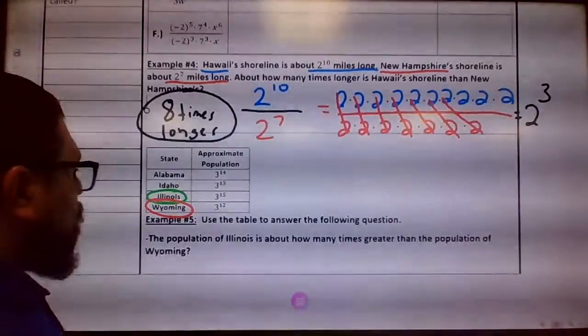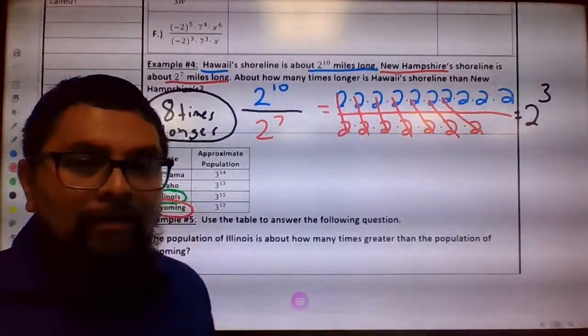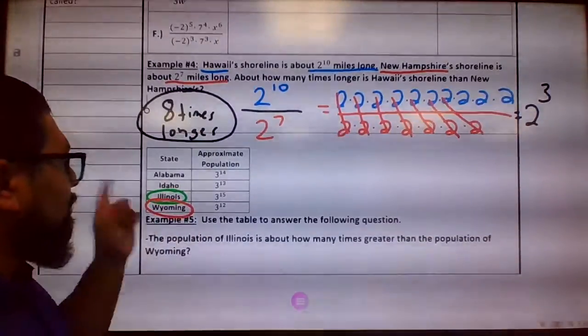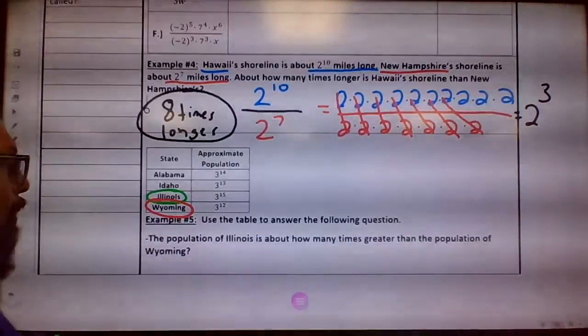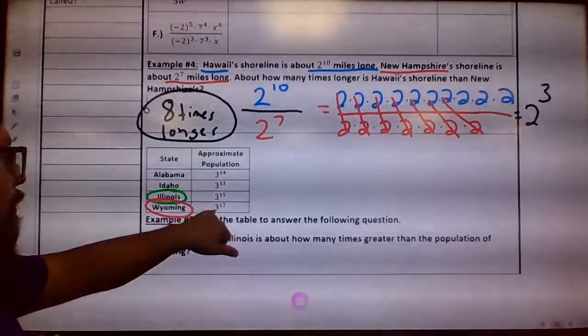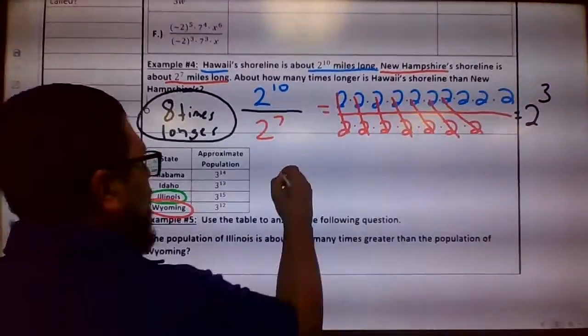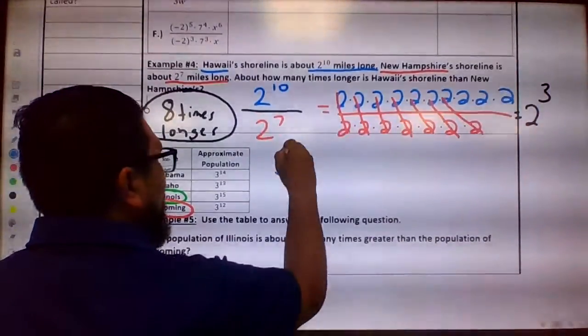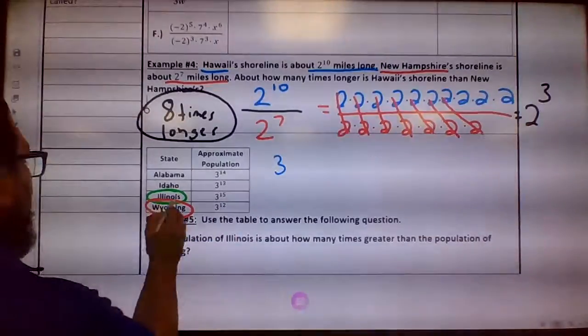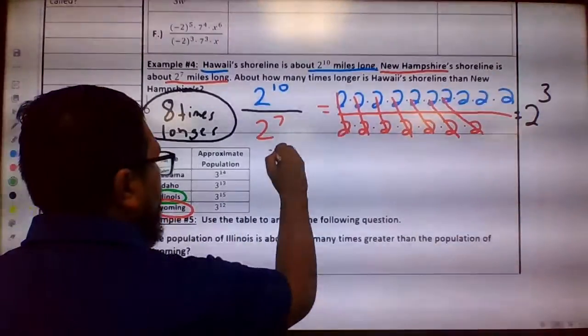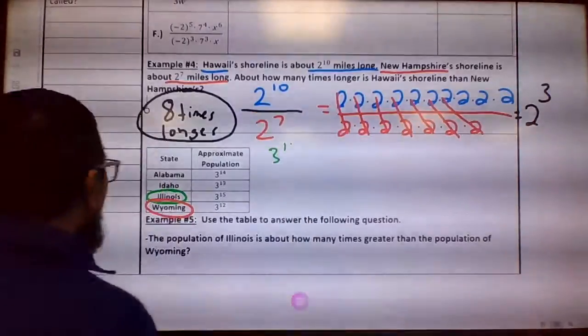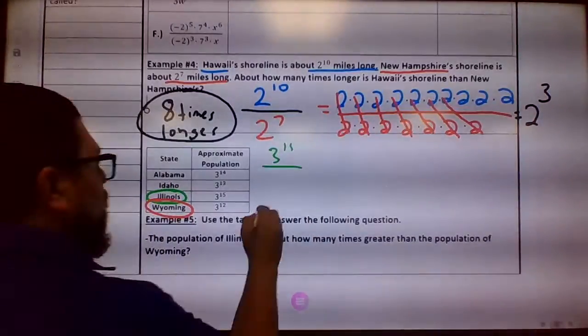How many times greater? Again, this is a division problem. Illinois is greater than Wyoming, but how many times? So let's put 3 to the 15th for Illinois, and Wyoming is 3 to the 12th.